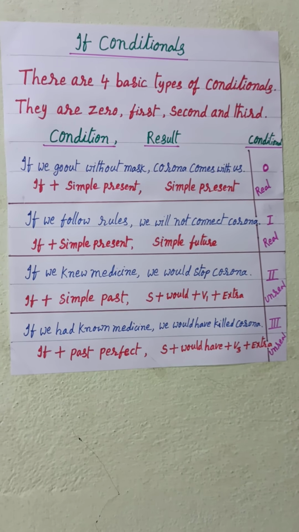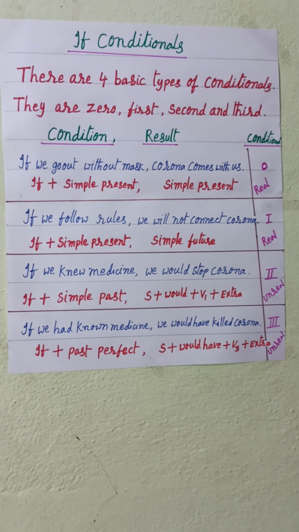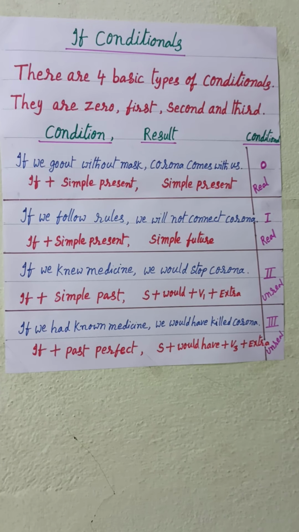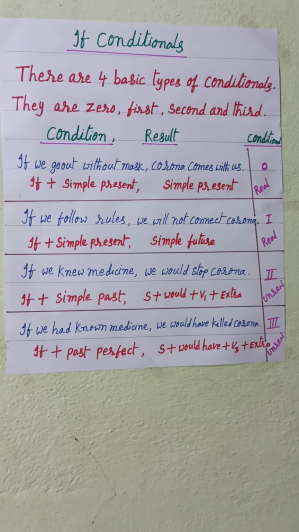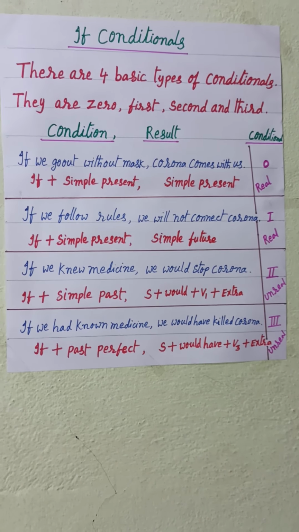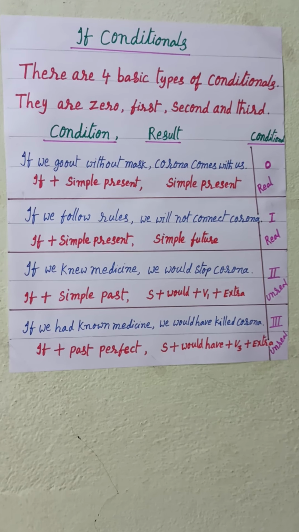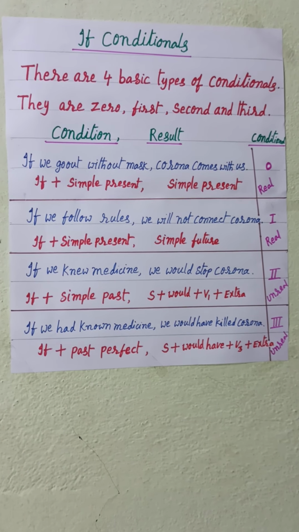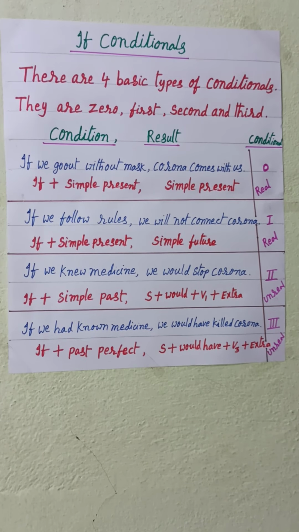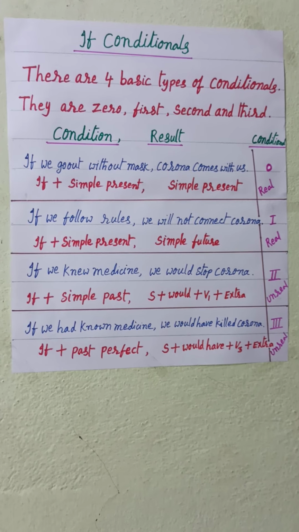Here first one is condition, second one is result. If we change order, that means first one is result, second one is condition. For example, Corona comes with us if we go out without mask.